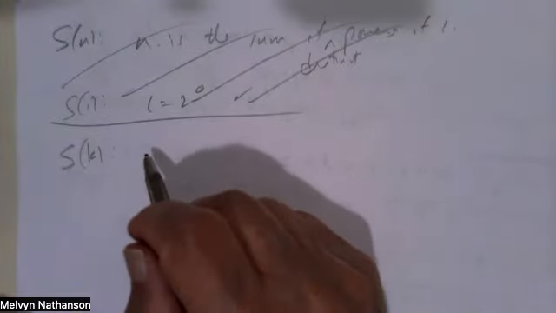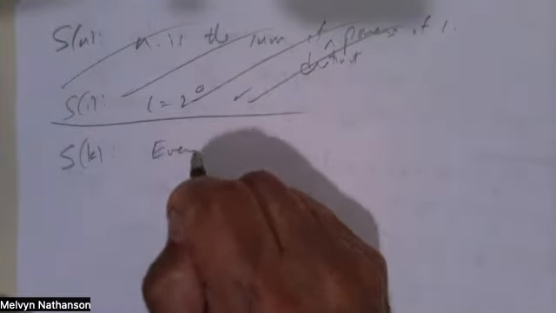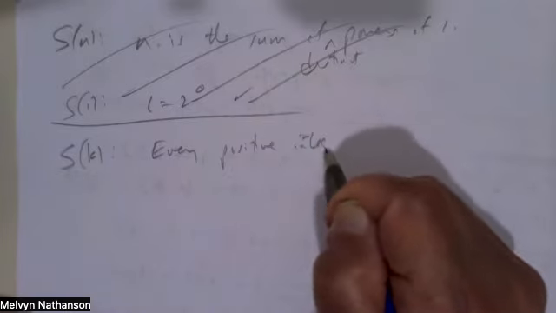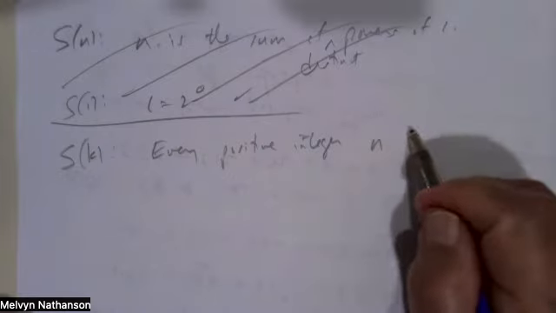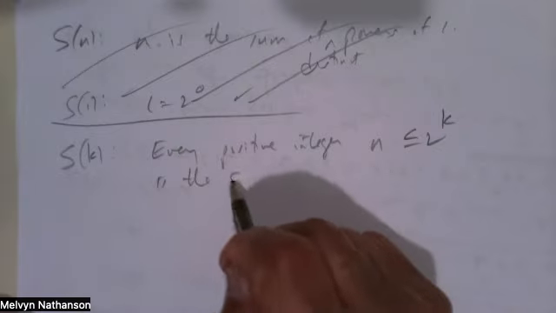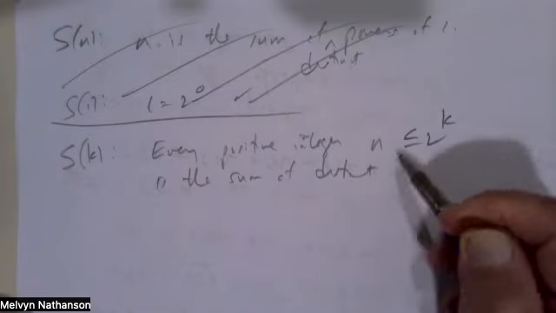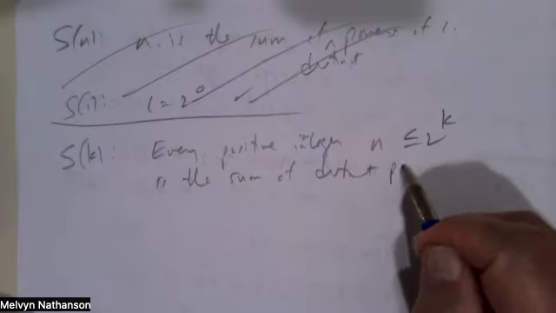Well, I'll use the letter k. S of k will be the assertion that every positive integer n up to 2 to the k is the sum of distinct powers of 2.